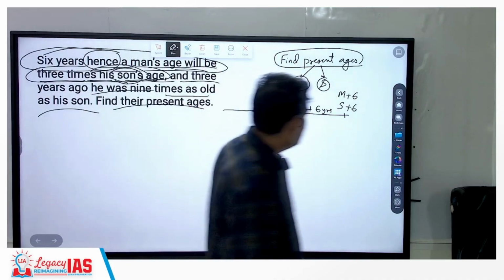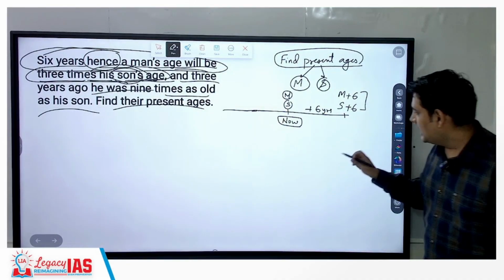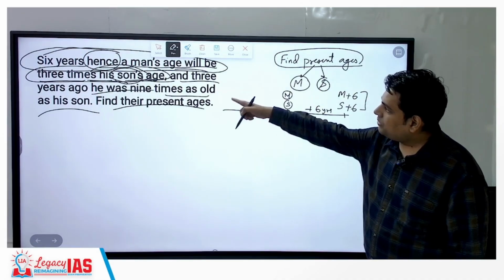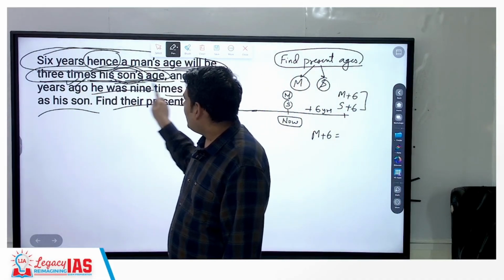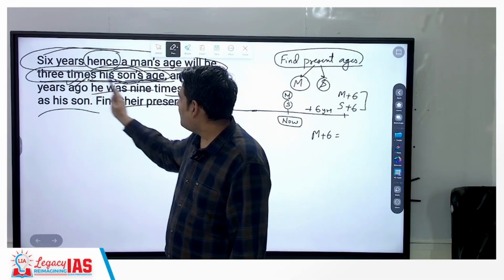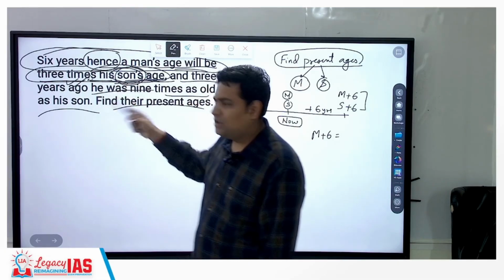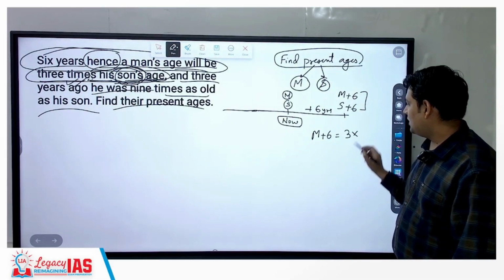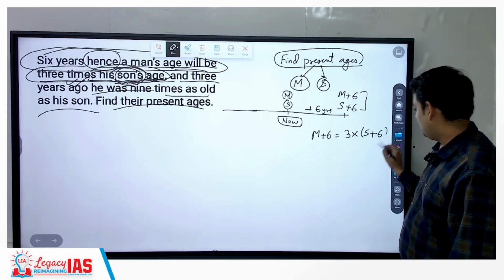Something is given about this: after 6 years, man's age will be how many times? 3 times that of his son's age. So after 3 times, what is the subject you are getting? Son. So son will come after 3. So 3 times the son's age after 6 years will be s plus 6.